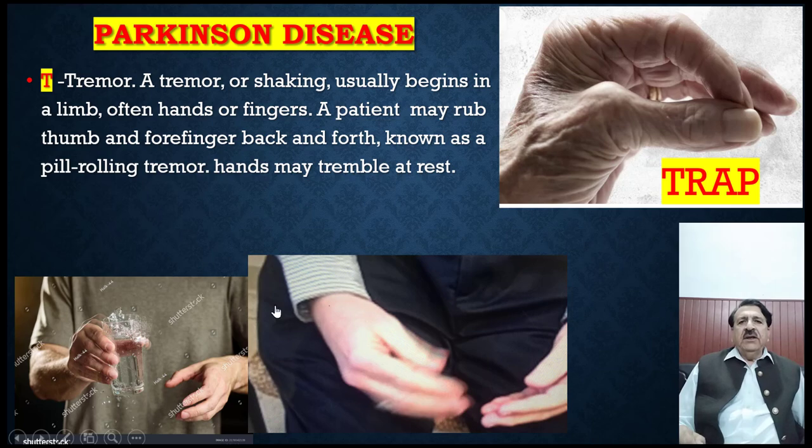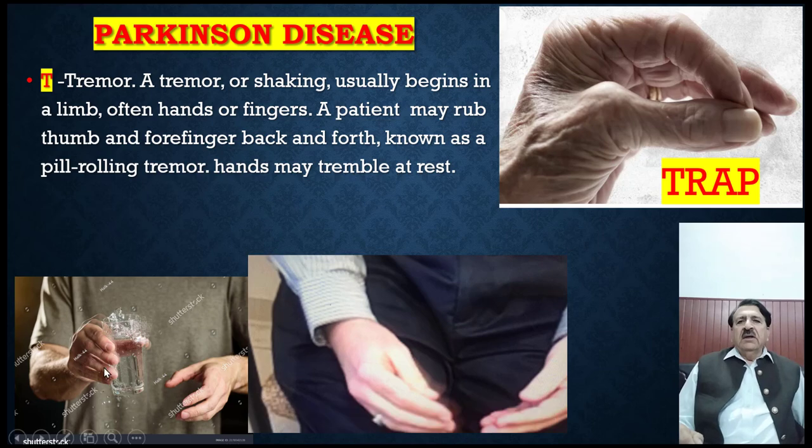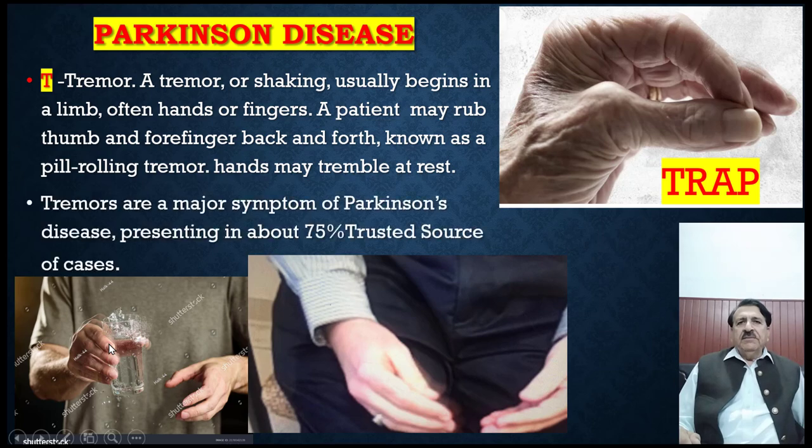You can see that this is the pill rolling movement which occurs in Parkinson. And when a person picks something up, there is tremor in the hand and it can be observed very easily. Tremor is a major symptom of Parkinson's disease, presenting in about 75% according to a trusted source.